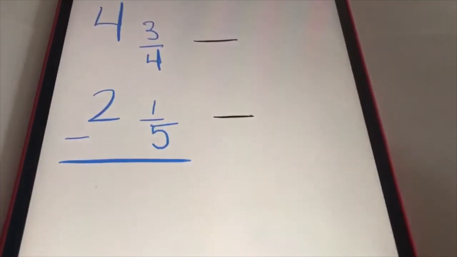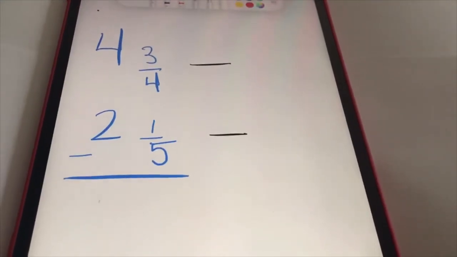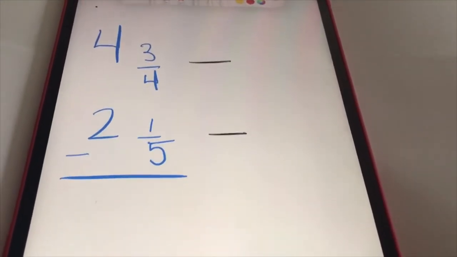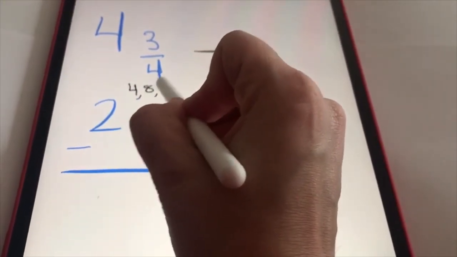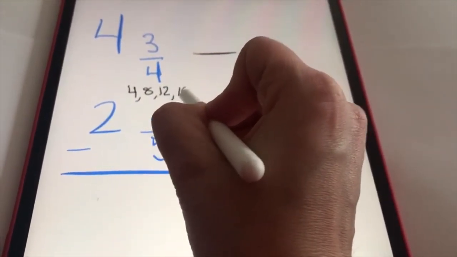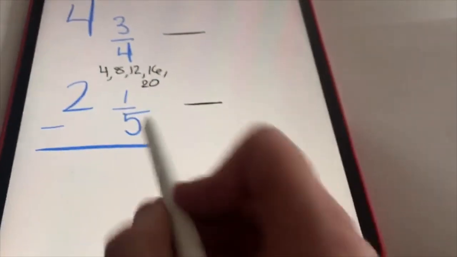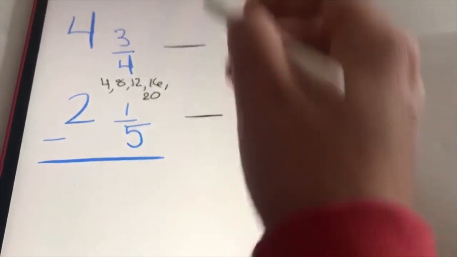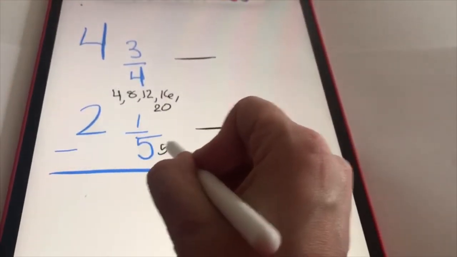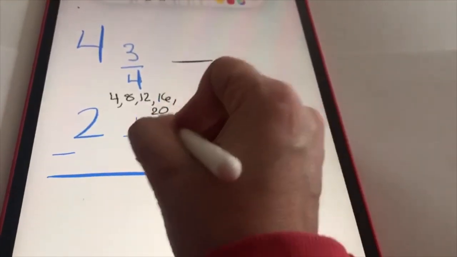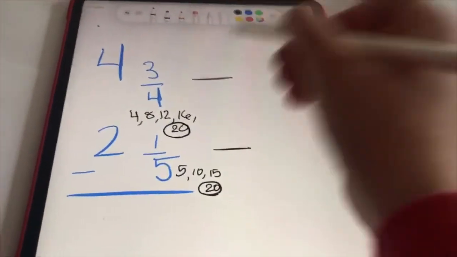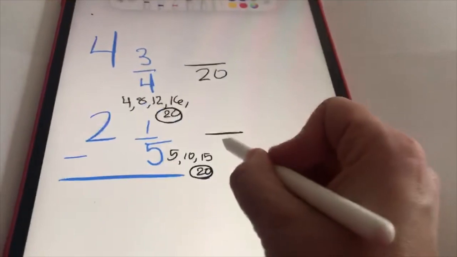So hopefully by now you're starting to see some patterns on how to find common denominators. So if I were to list these out, 5, 10, 15, 20. Some of you may have already known that our common denominator was 20.